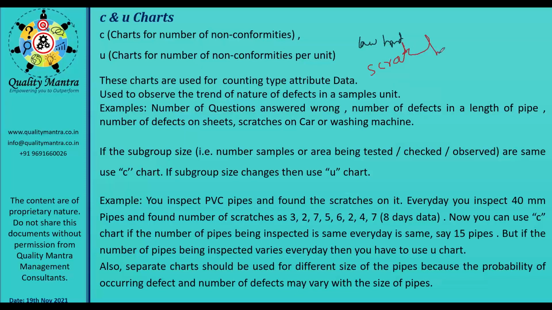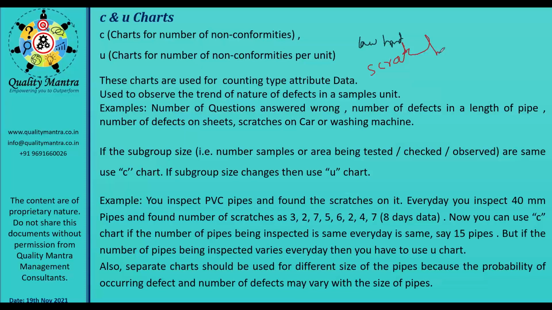Similarly, whatever products you are manufacturing, whether sheet metal products, automobile components or the automobile itself, there will be one or more kinds of defects generated during the manufacturing process. Now, these defects may or may not lead to a defective, that is a non-conforming product.